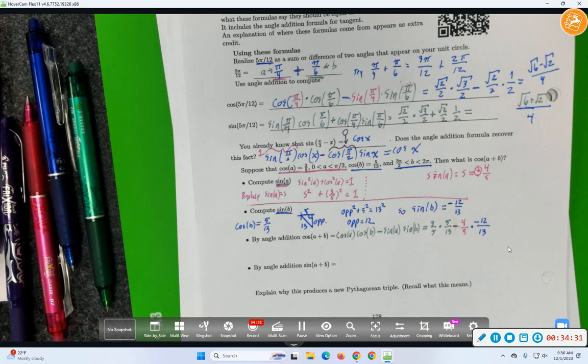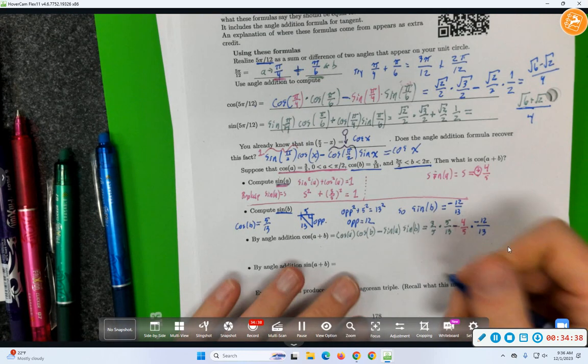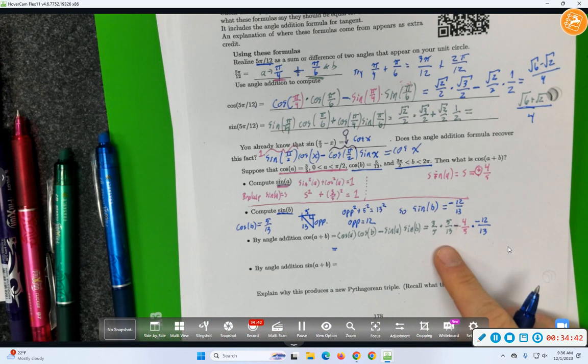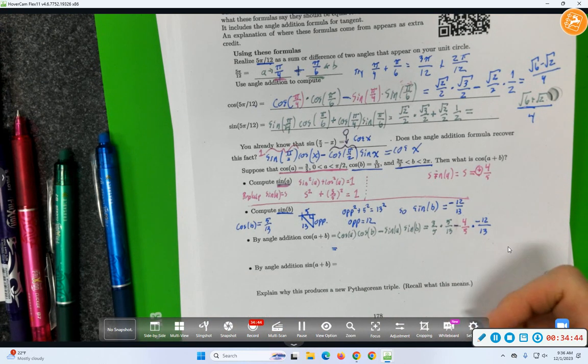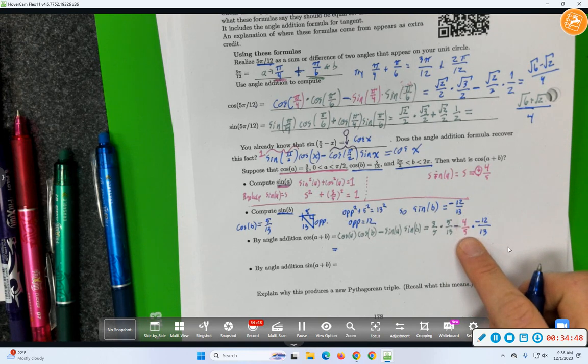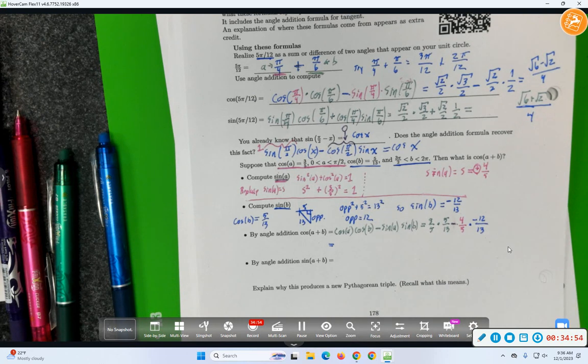Now it's just a matter of finishing it up. This is equal to, gosh, 3 times 5. You might want to cancel those 5s, but I don't want to because this has a 5 that won't cancel with anything there, so I need that common denominator of 5 times 13 anyway. 5 times 13, I believe, is 65.